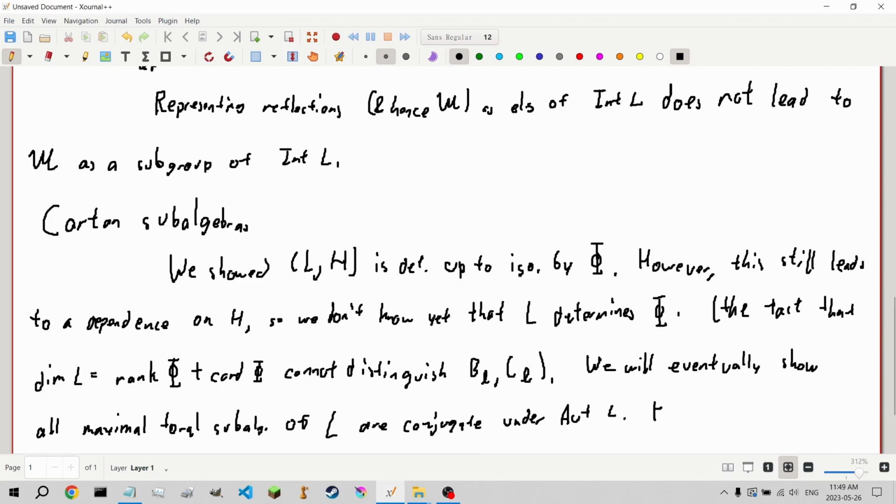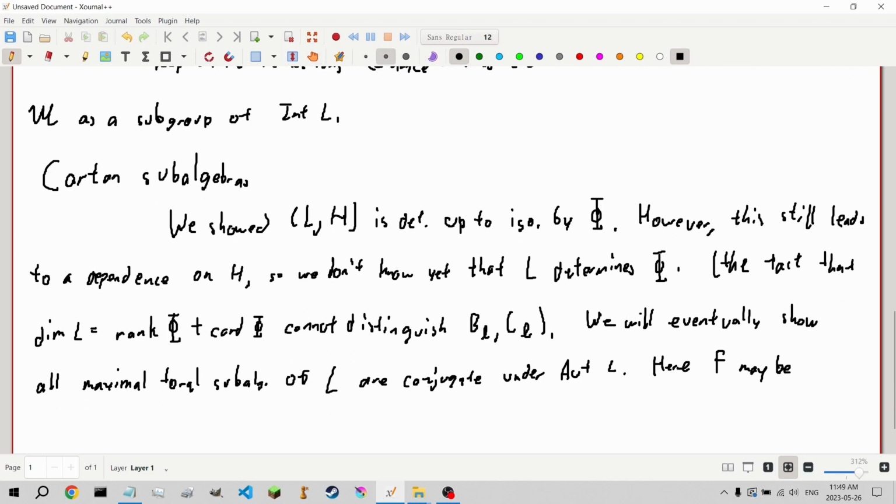And this also says here, F may be of arbitrary characteristic but still needs to be algebraically closed, although it says you can kind of get rid of this.